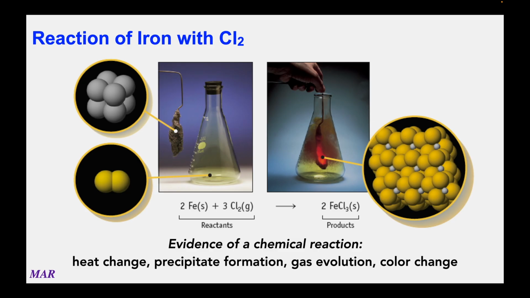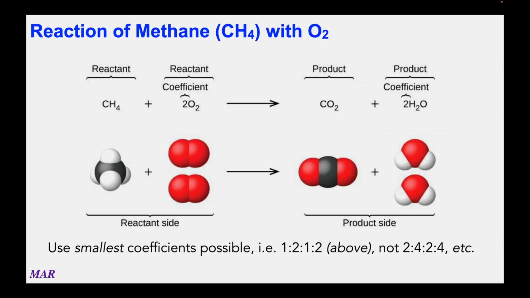So this is a reaction now that shows methane, CH4, reacting with oxygen to make carbon dioxide and water. And notice that there's a 2 in front of O2 and a 2 in front of water. And those are necessary, all right? And I want you now to look at the atoms, because CH4 has 1 carbon right there, the black atom.